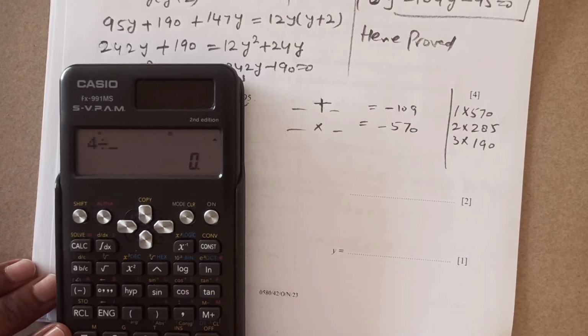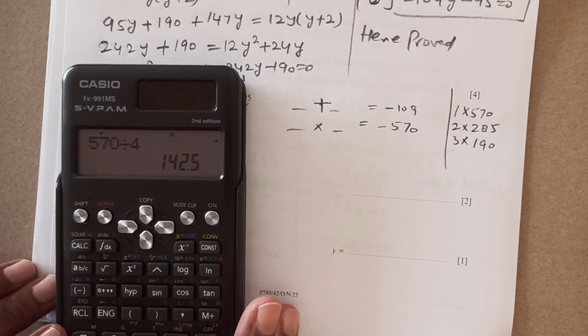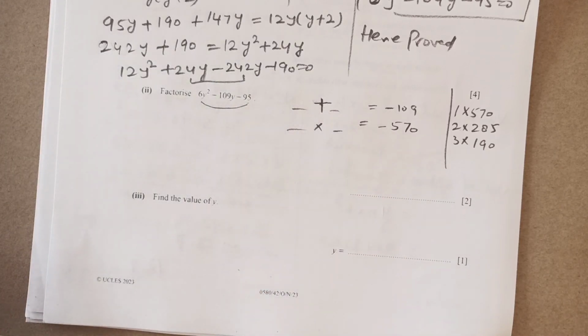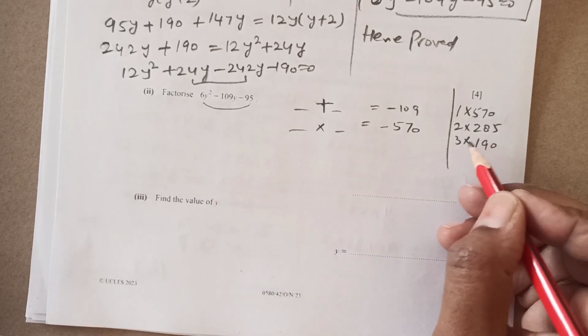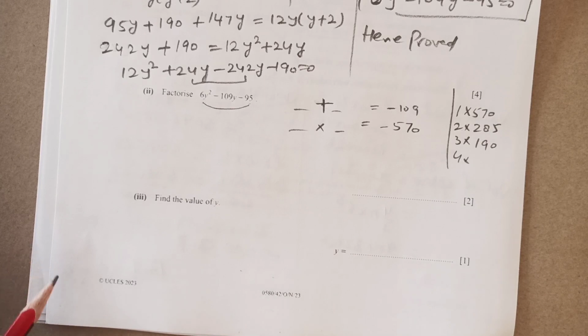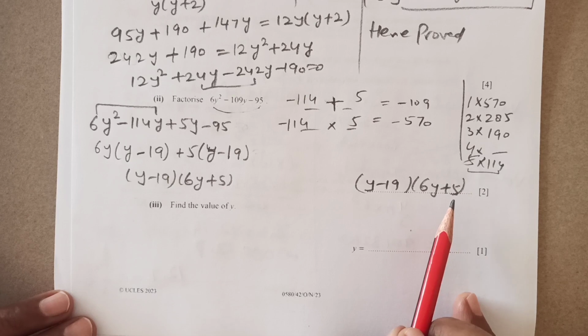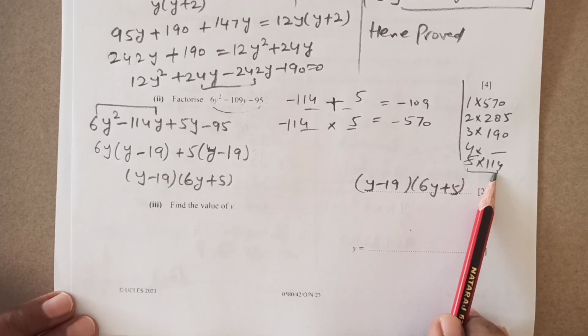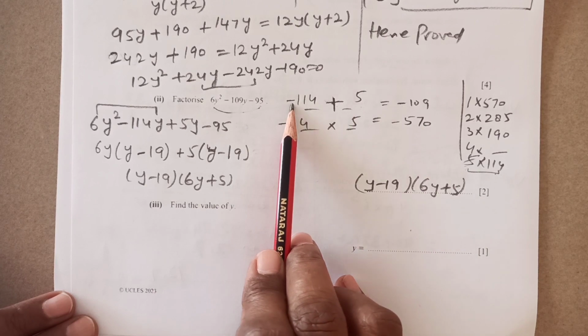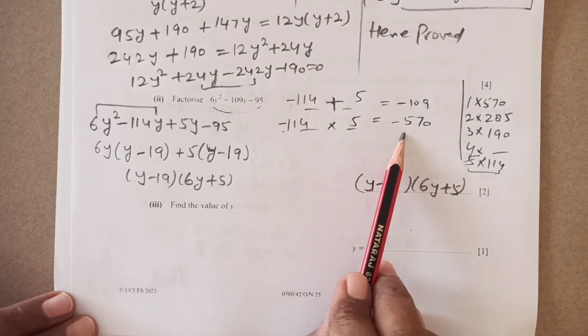Then 4, 570 divided by 4 is not a whole number. 5 times 114, so 114 and 5, with the negative sign here, so negative 109 and the product negative 570.